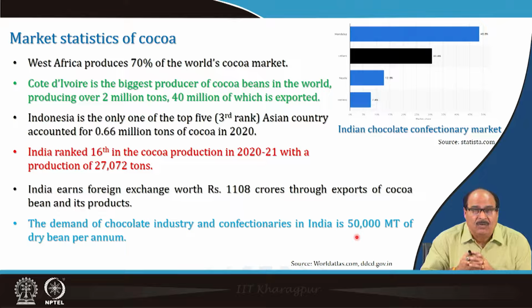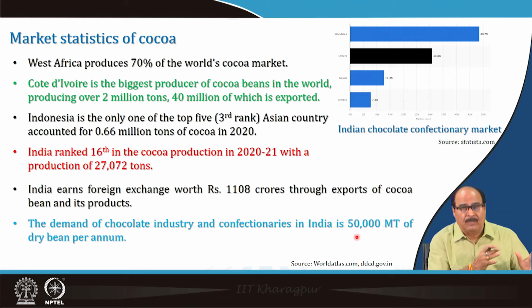Indonesia is the only one of the top 5 Asian countries, accounting for 0.66 million tons of cocoa in 2020. So, among the Asian countries, I think Indonesia ranks third. India ranked 16th in cocoa production in 2021 with a production of about 27,072 tons.